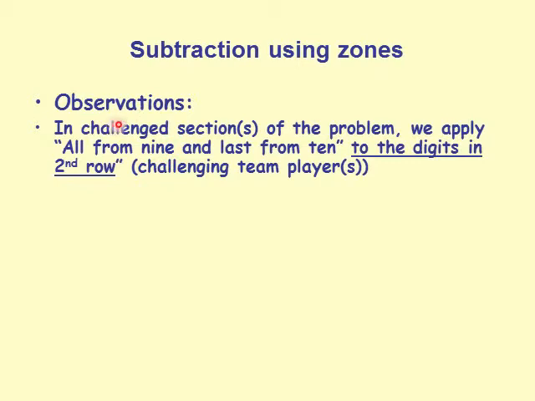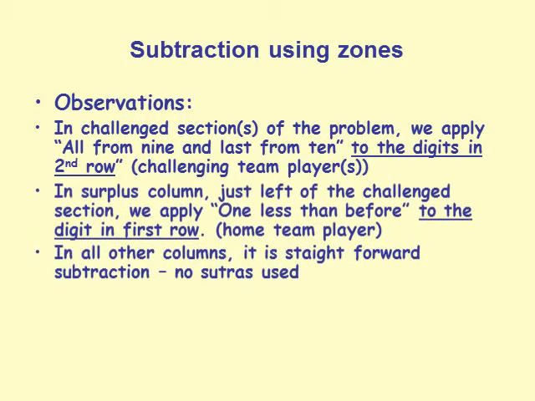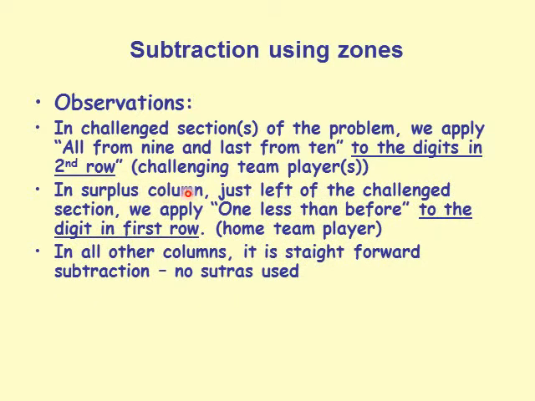In the surplus column just left of the challenge section, we apply one less than before to the digit in the first row, which is my home team player. In all other columns, it's a straightforward subtraction and no sutras are applicable.